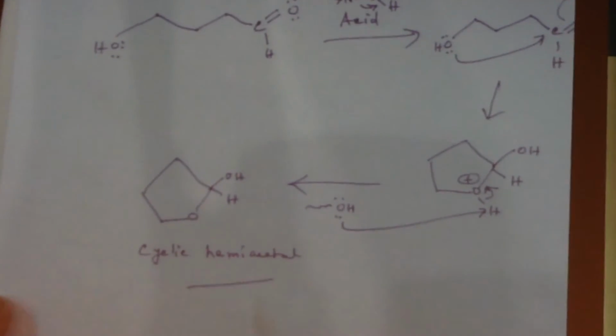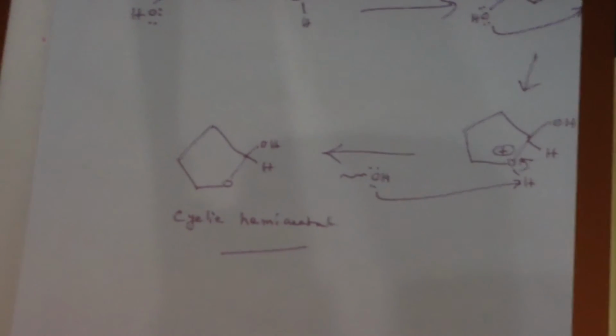In the subsequent step, you have another molecule of the alcohol pick up this proton, giving you the cyclic hemiacetal.